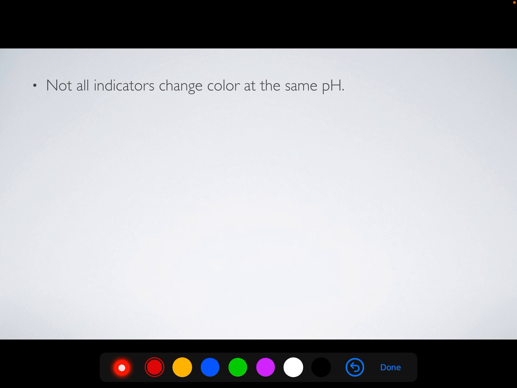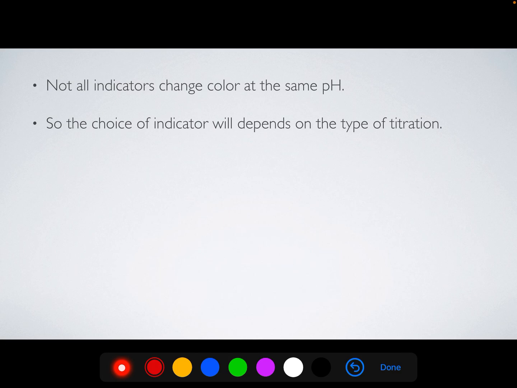Okay, walaupun dia punya goal dia ialah untuk bezakan between acid and base, tapi dia berubah colour tu bukan pada pH yang sama. Okay, so the choice of indicator will depends on type of titration.